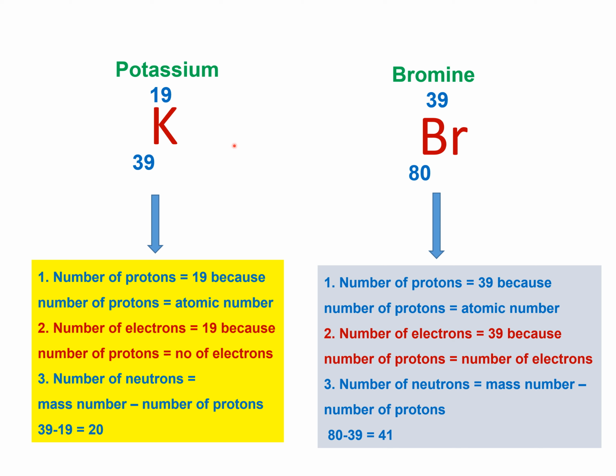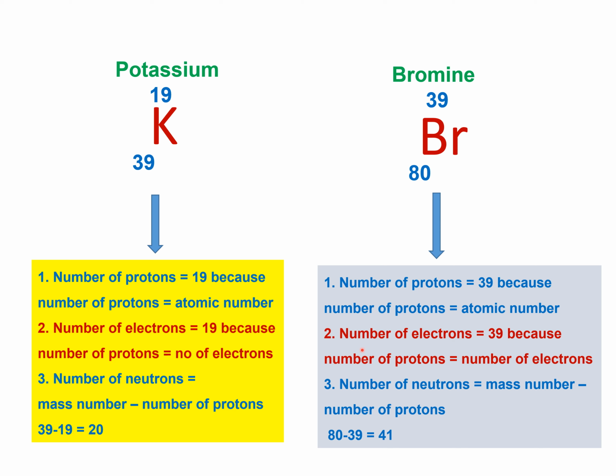So always the number of protons must be equal to number of electrons. And number of neutrons is equal to mass number minus number of protons, as I showed you earlier. So the number of neutrons for potassium is 39 minus 19, which is equal to 20. So potassium has 20 neutrons.